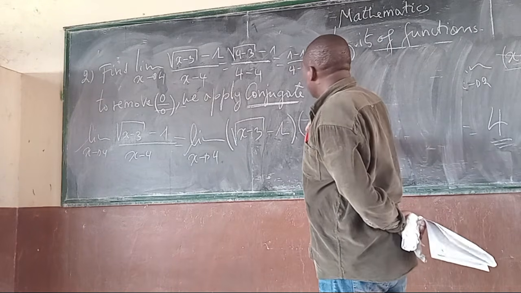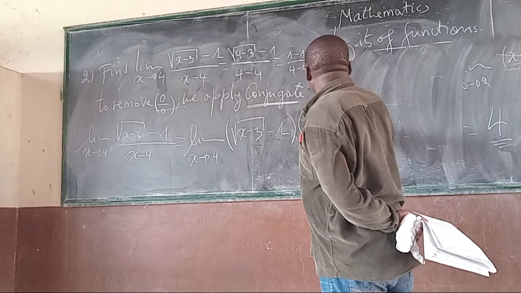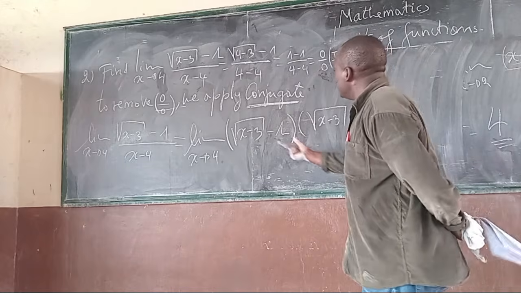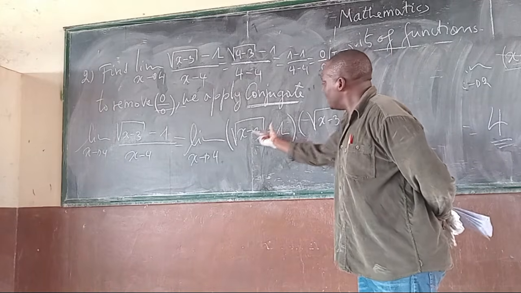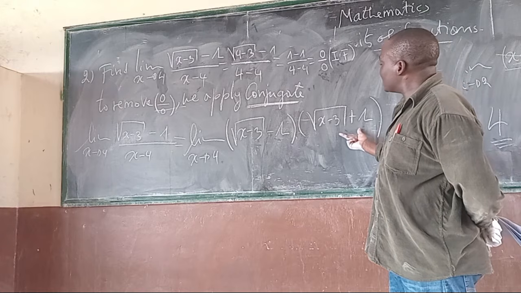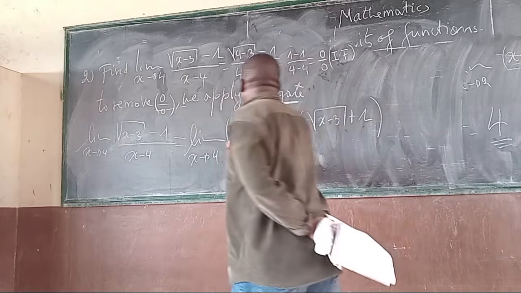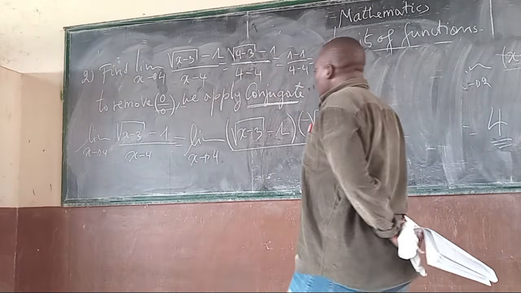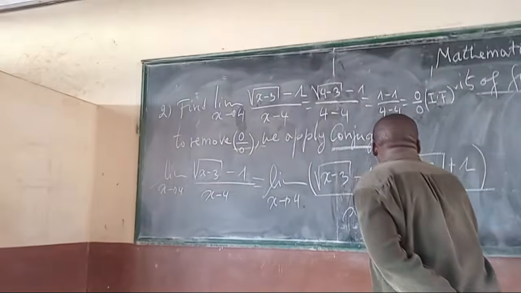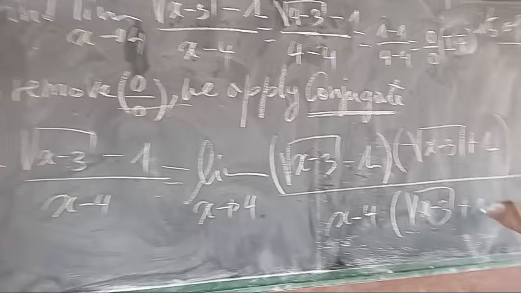Then times the square root of x minus 3, then positive 1. As you see, this factor is a conjugate of this one. I multiply by the conjugate both above and below, then out of x minus 4, in factor of the conjugate, square root of x minus 3, plus 1.